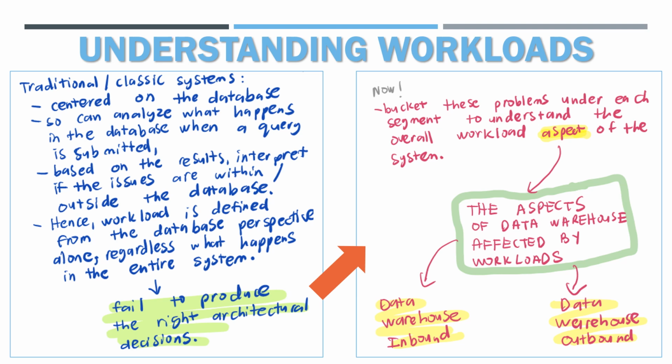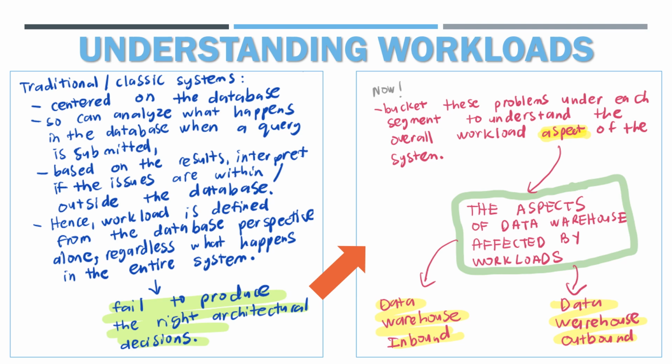The figure shows the problem areas that manifest in the data warehouse today. So we can bucket these problems under each segment to understand the overall workload aspect of the system. What is the aspect of the data warehouse affected by workloads?